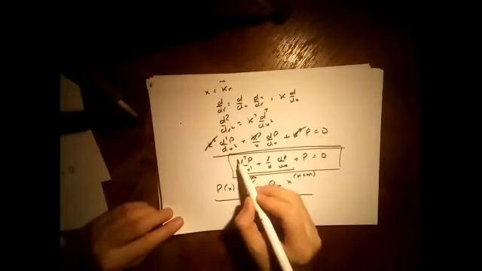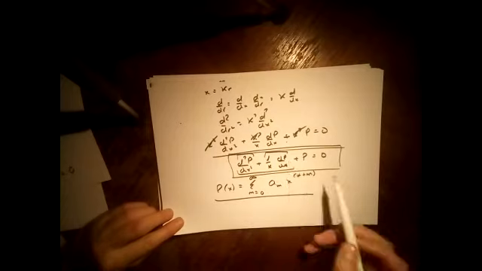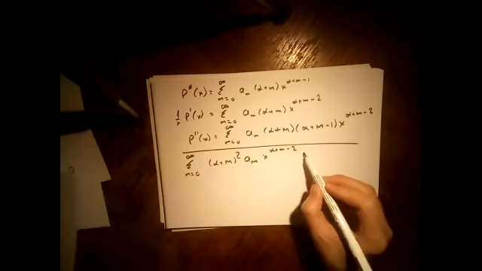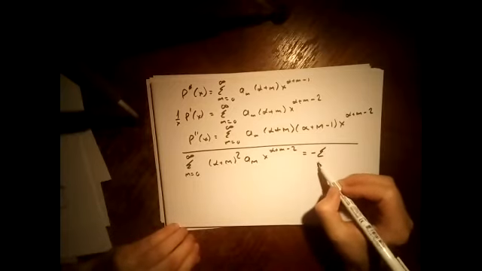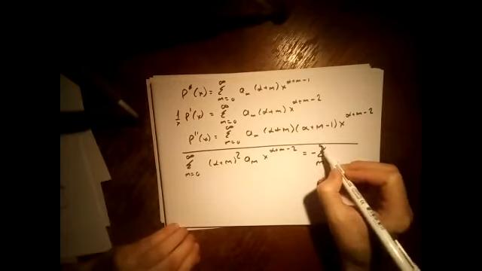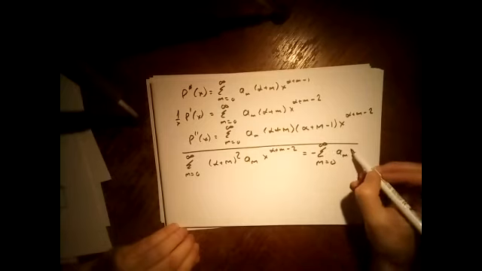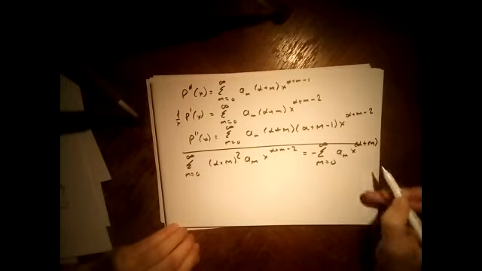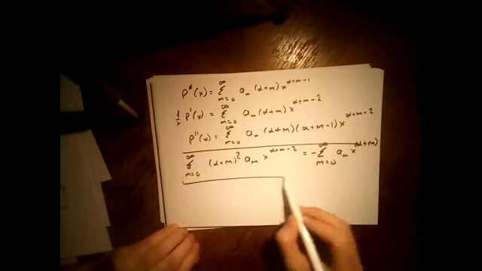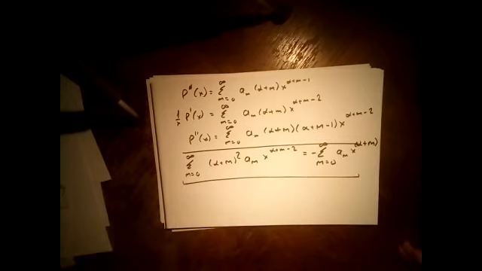This takes care of this one plus this one, and I still have this one, but I'll bring it to the other side of the equation, and that's just the solution itself: the sum from m equals 0 to infinity of a_m x to the alpha plus m. So that's the power series that I want to actually start with.